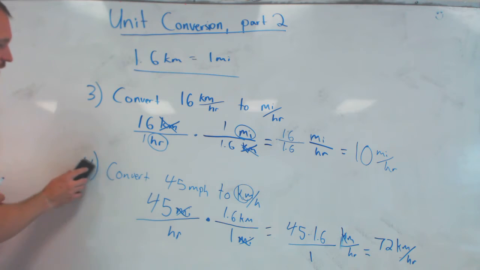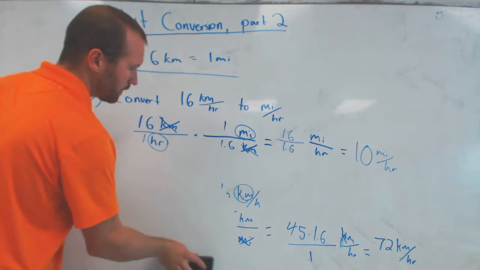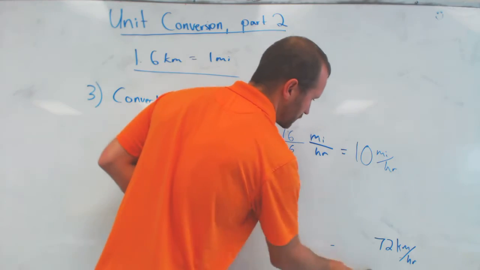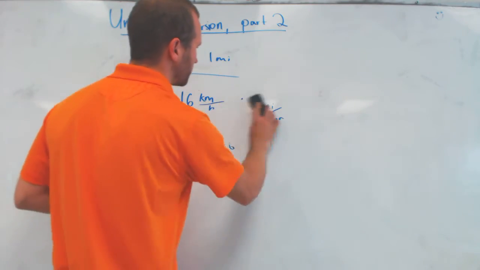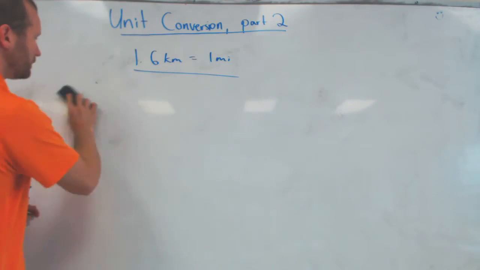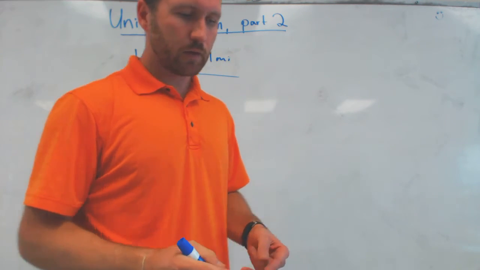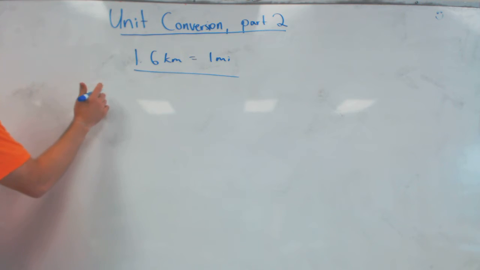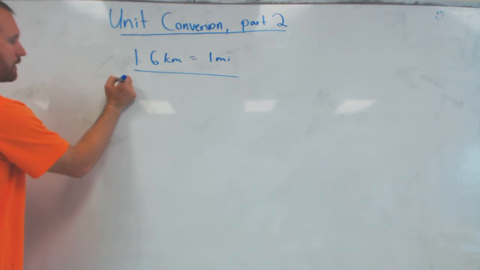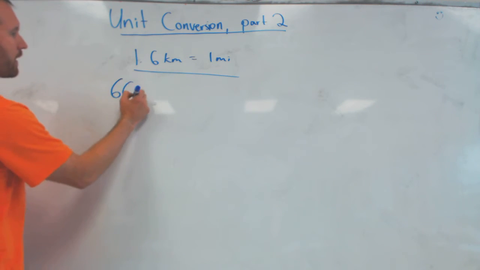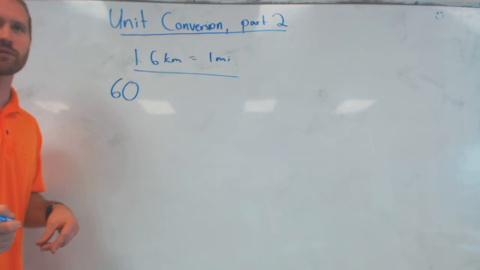Okay, well, I want to show you something else. Let's reverse it. So let's say I have a number like on a highway. Well, actually, highways in New Mexico, we go faster than this.